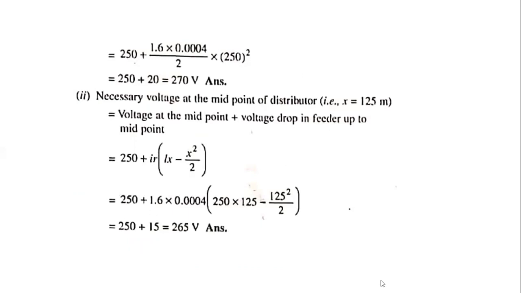Taking that distributor or feeder line, this is the distributor fed at one end with uniform loading, at a point x meters from the feeding point. Therefore, x is equal to 125 meters.